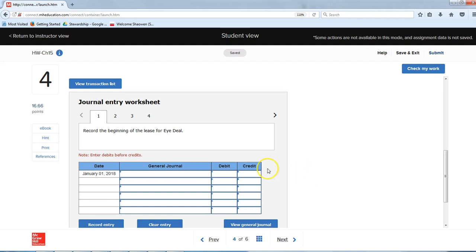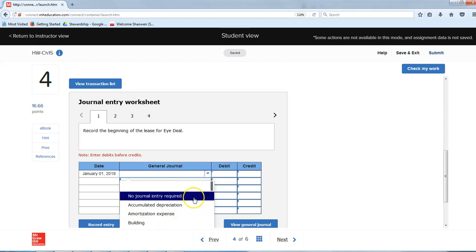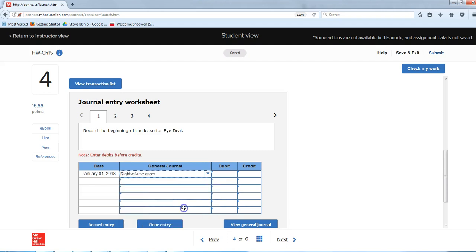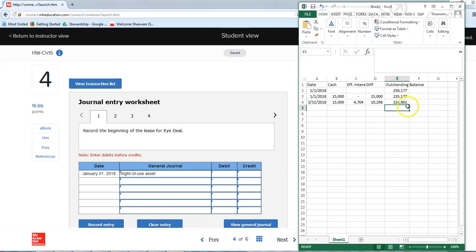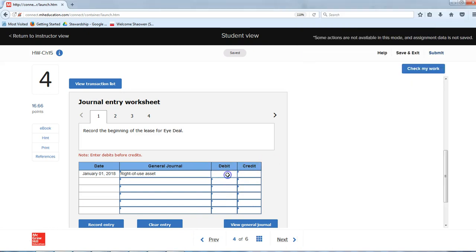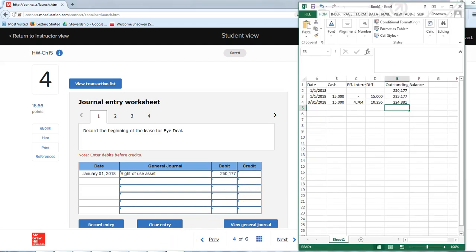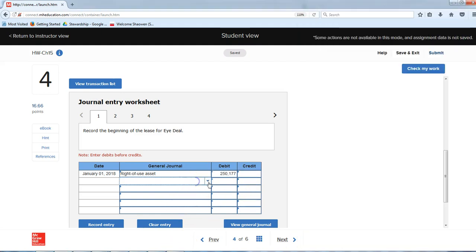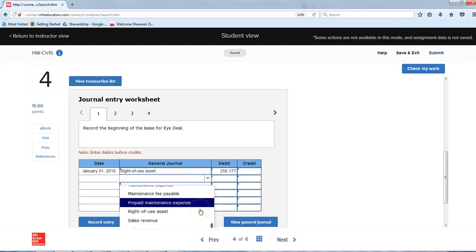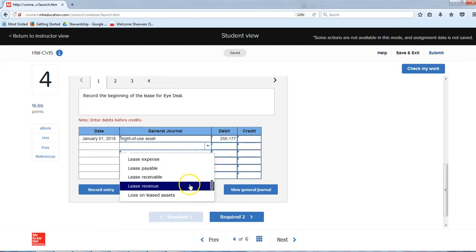So January 1st for the lessee, they have an asset called right of use, and it is worth the fair value or the selling price of this asset. And they have a liability called lease payable.